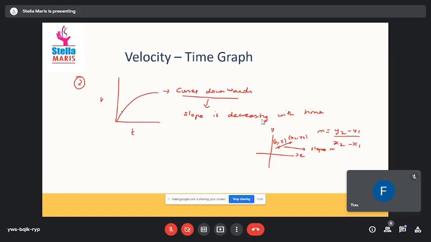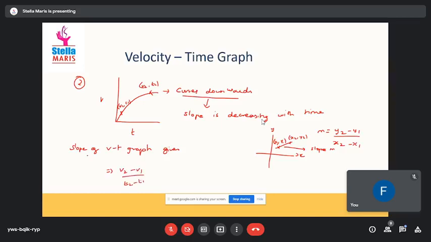Let's say you have two points here, v1 comma t1 and v2 comma t2. So the slope of the velocity time graph gives what? Anyone? Acceleration. Very good. That is nothing but v2 minus v1 by t2 minus t1.